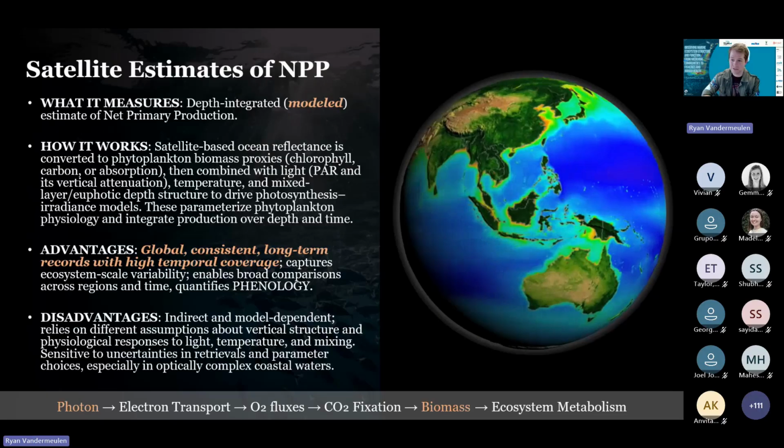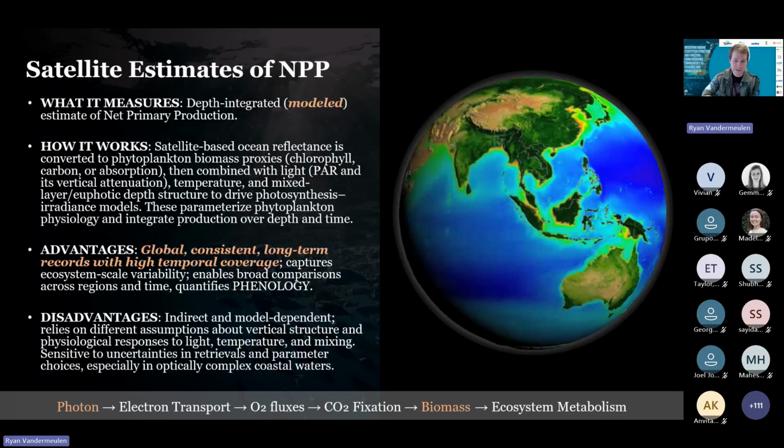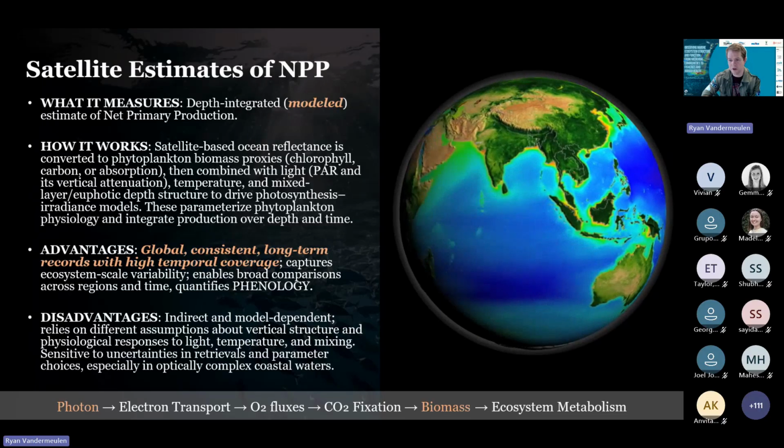The obvious advantage here is scale. This allows us to study seasonal scales, interannual variability, long-term trends, and ecosystem phenology in a way that's really not possible to do from ships alone. The trade-off is, though, that these are model-based estimates.